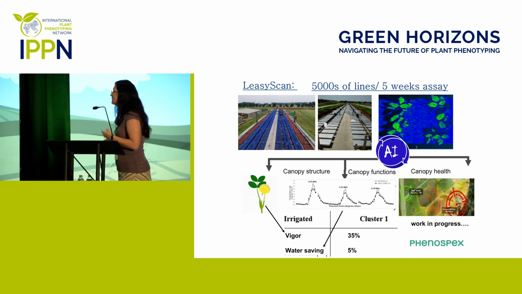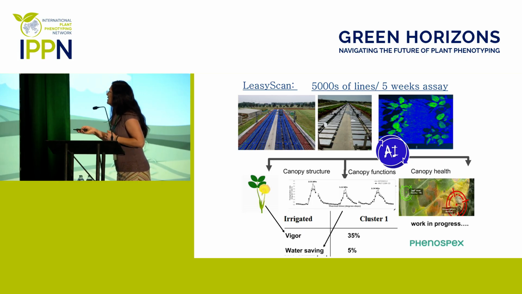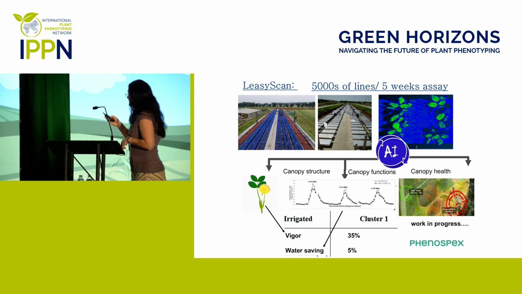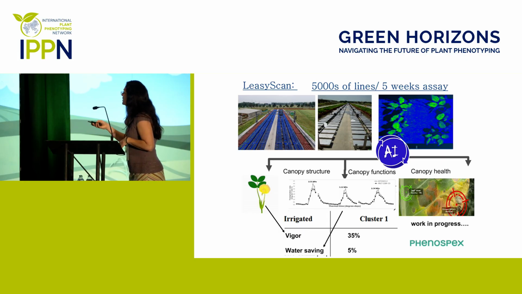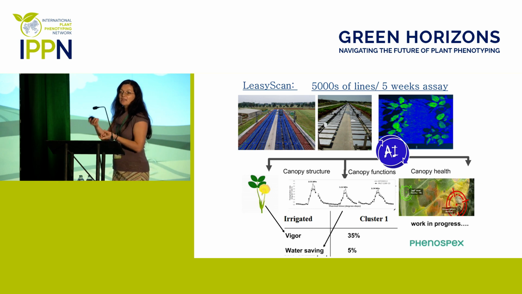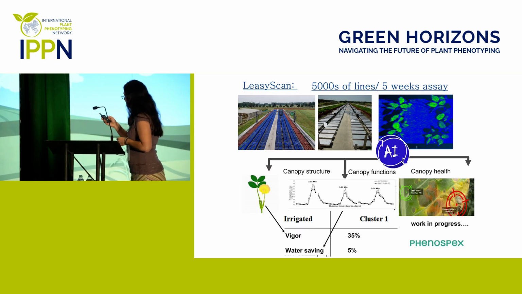Our throughput is we can analyze 5,000 breeding lines in a few weeks, assaying for the traits which are related to plant vigor, plant structure, plant function, plant health. And surprise, surprise, those are exactly the traits. The system has been designed that way from the beginning, to be able to approach and measure the traits which are the important components for the genetic makeup of the crops which need to be created to perform in those target agroecosystems.